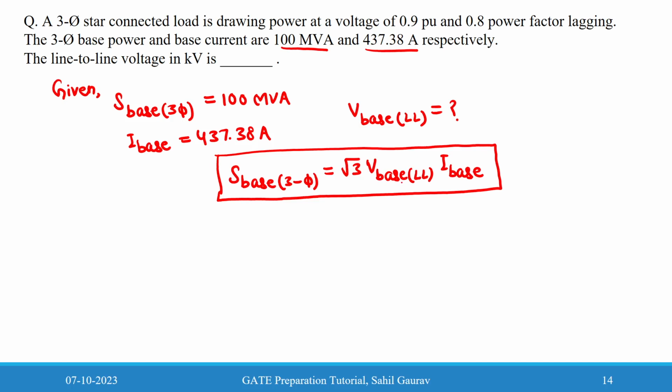One can use the line to neutral base voltage also, but the expression will change. If you are using the line to neutral voltage, then in place of root 3, it will be 3 times. So 100 into 10 to the power 6, divided by root 3 times I base, which is 437.38.